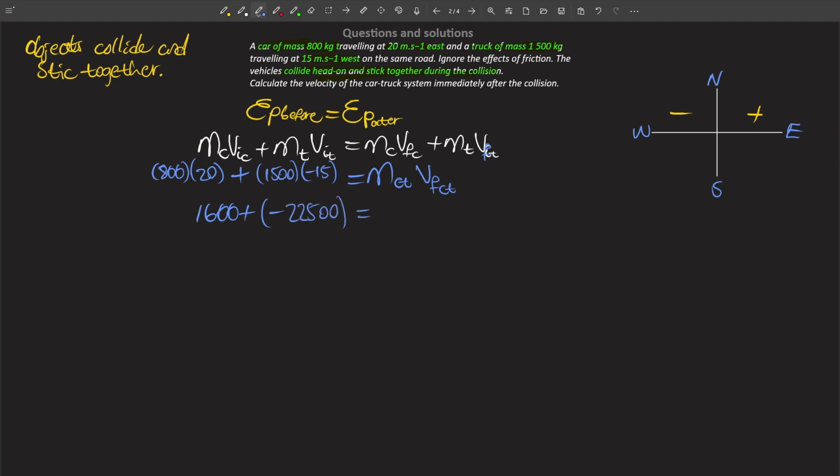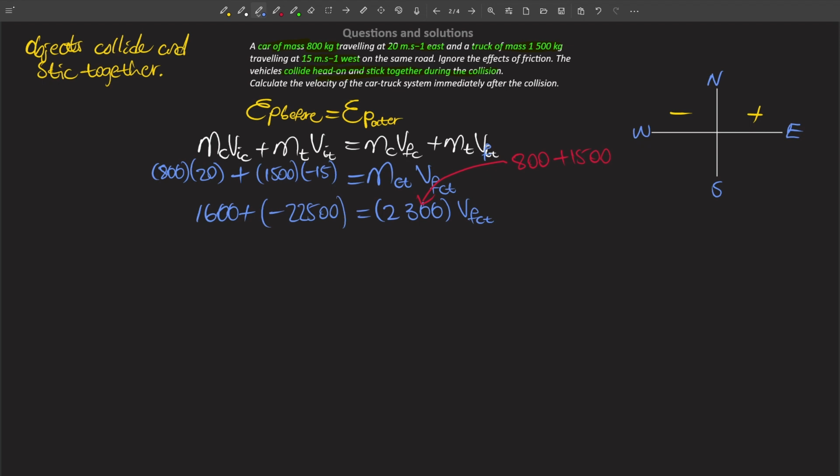On this side we substitute 2,300 times the final velocity CT. This 2,300 is the 800 kilograms for the car plus 1,500 for the truck.